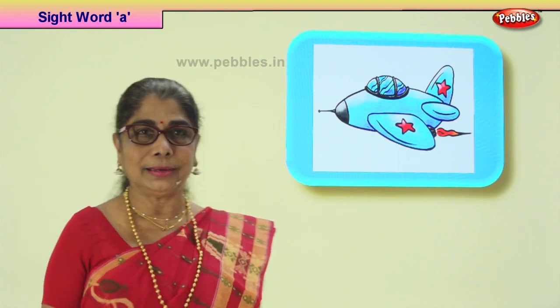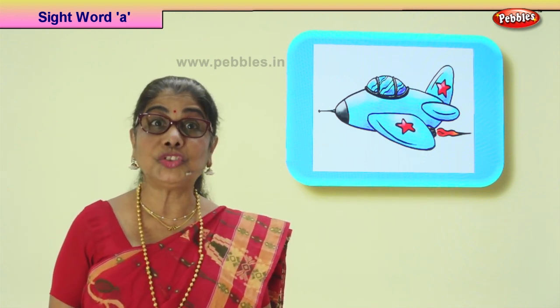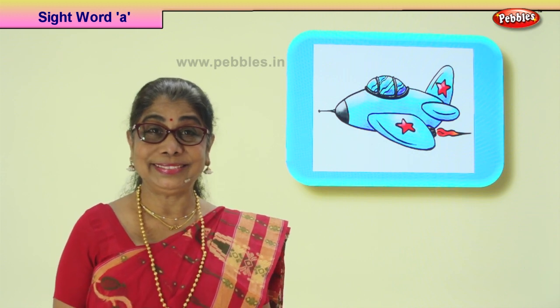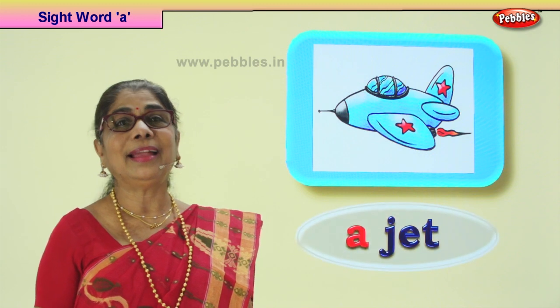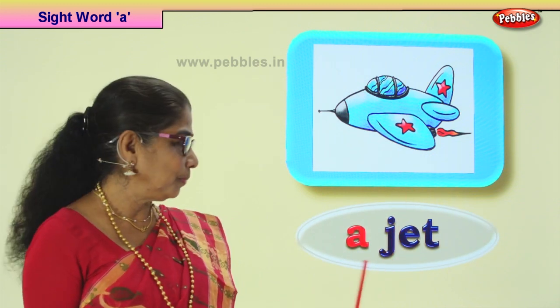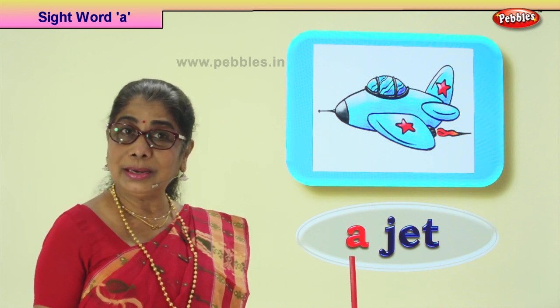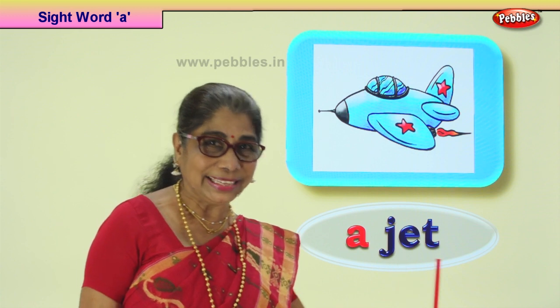What do you see here? Where do you see this? In the sky. Jet. Good. Have you seen the jet fly past in the sky? And you look up and say, wow. Yes, jet. Sight word, read on, jet.